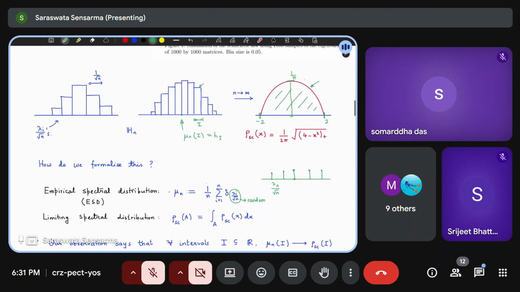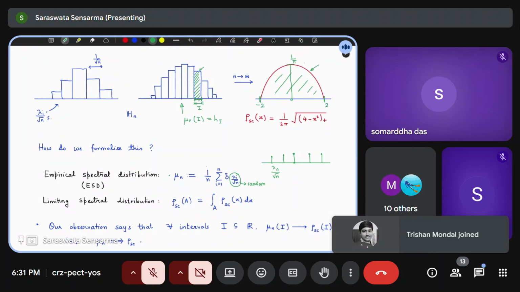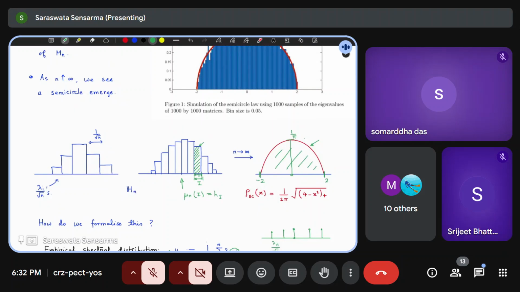This convergence of histograms can be interpreted as simply saying that if you fix any such interval I, mu n of I is the height here. Mu n of I is exactly the number of rescaled eigenvalues lambda i which are in this interval, right?